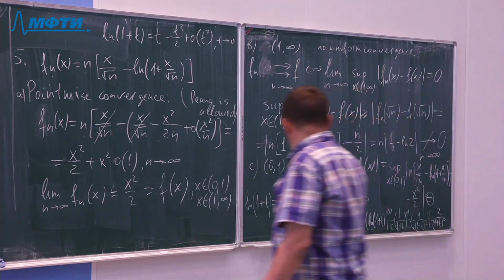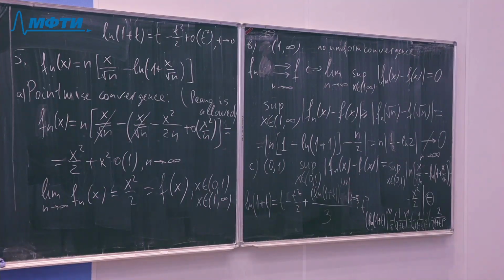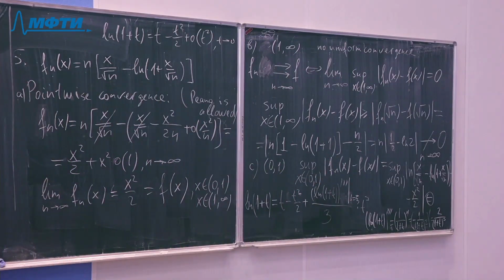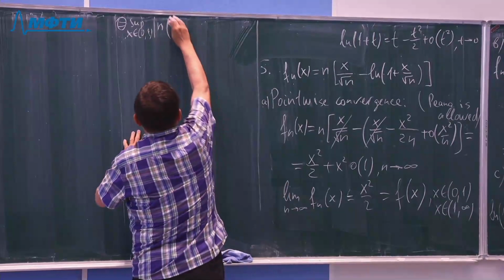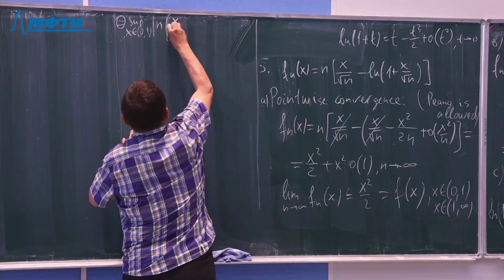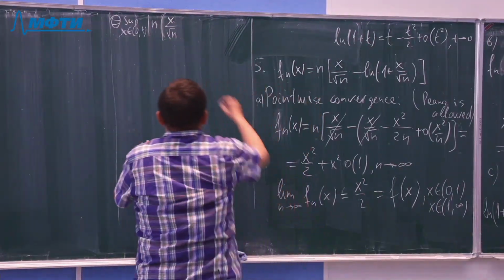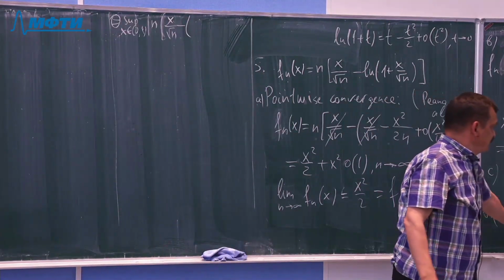So I'll substitute this expansion into our formula. What do we obtain? Modulus n times, in square brackets, x over square root of n minus, now the logarithm I replace.